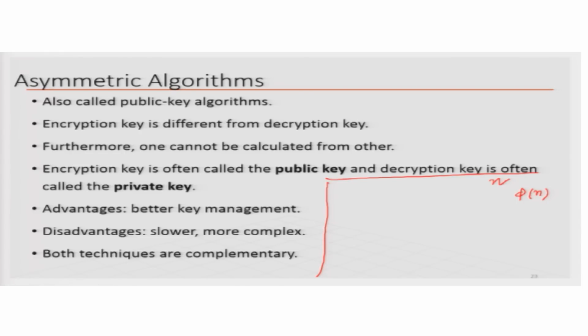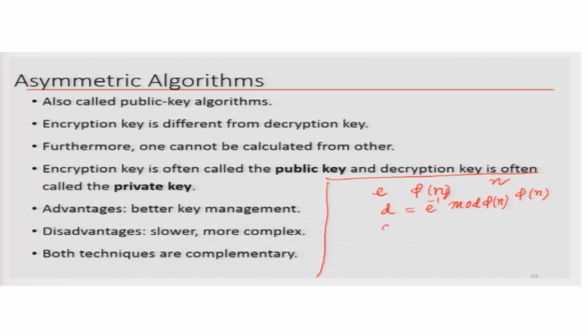Then you choose a number e which is mutually prime with phi n. Mutually prime means that if you take the GCD of e and phi n, it should be 1, so they have no common factor. Then you compute d, which is the multiplicative inverse of e.